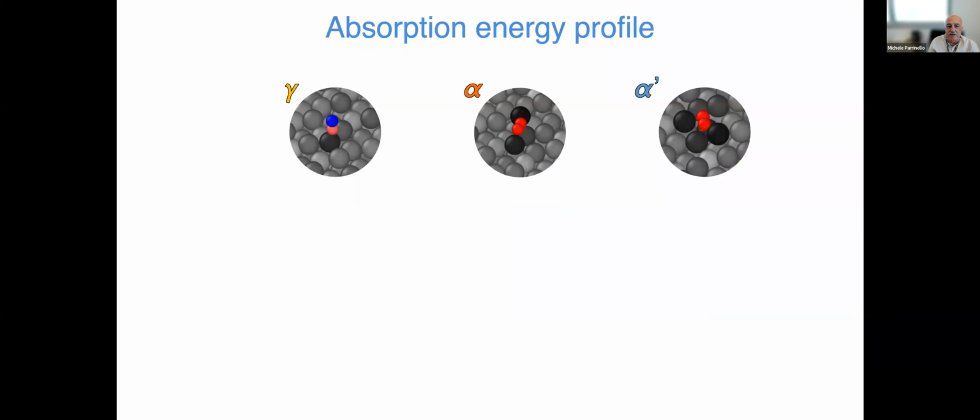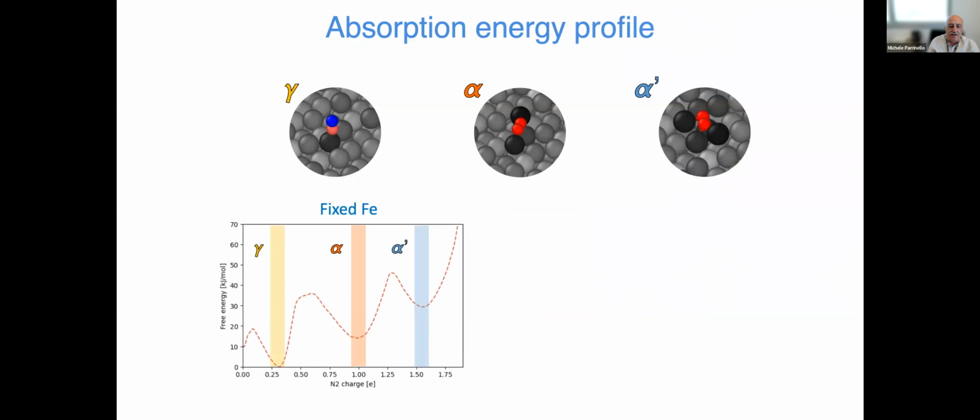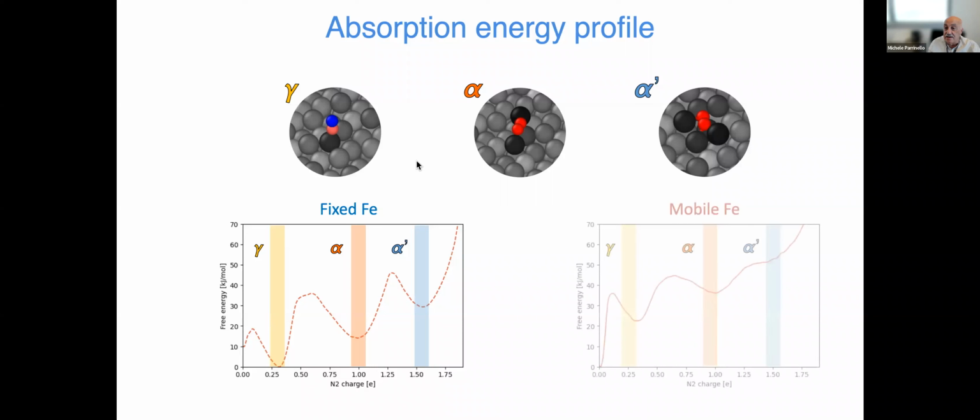Okay. Now we can compare. It's instructive to do the calculation in which we take the atoms frozen. It's a frozen lattice, but the molecule can bounce forth and back on the surface, and we find this energy profile. Now, instead, we do it with the mobile lattice, the real thing, and we see that there is this great difference.